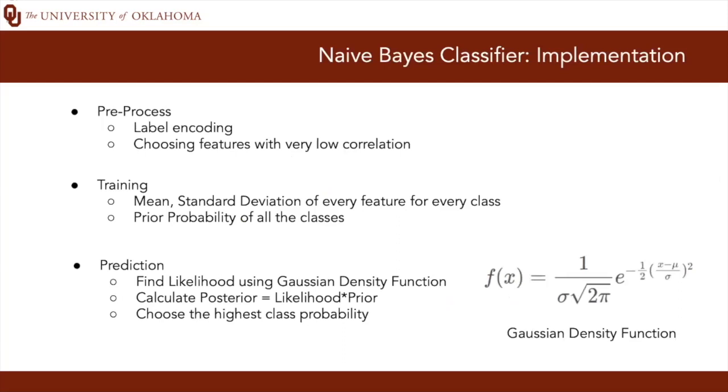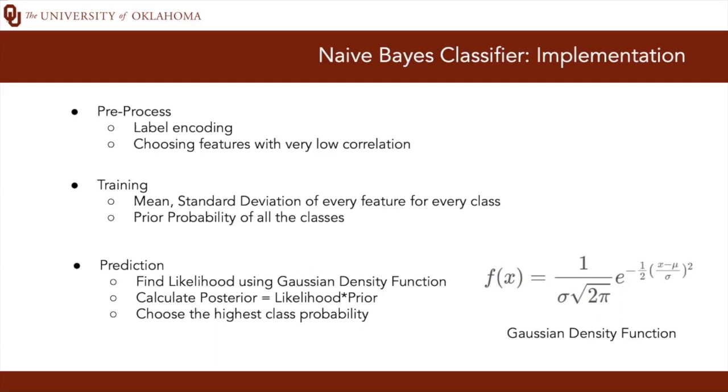For implementing naive Bayes, we had to do a little bit of pre-processing, which is label encoding the categorical values and choosing features with only low correlations, as it is assumed that the features are independent of one another. For training our model, we figured out the mean and standard deviation of every feature for every class, for example the mean and standard deviation of all the 10 features for class stroke and for class no stroke.